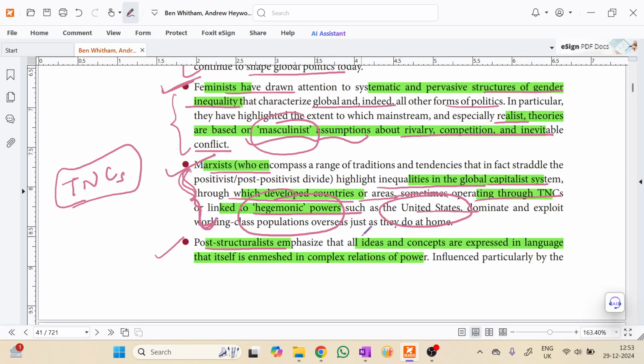Then post-structuralism emphasized that all ideas and concepts are expressed in language that is enmeshed in complex relations of power.